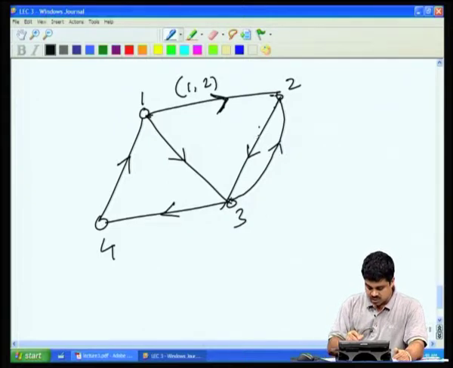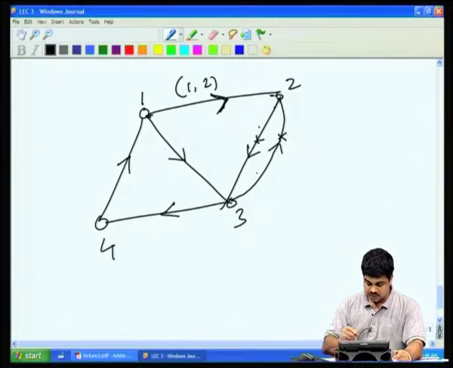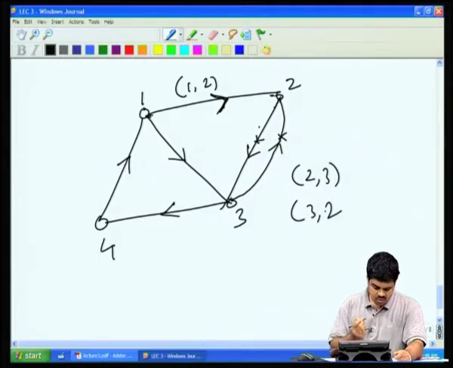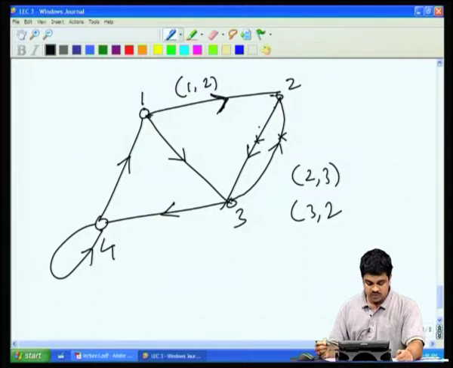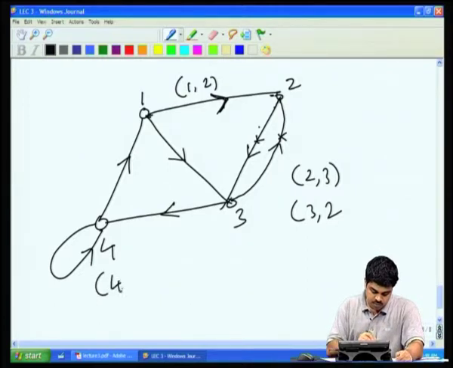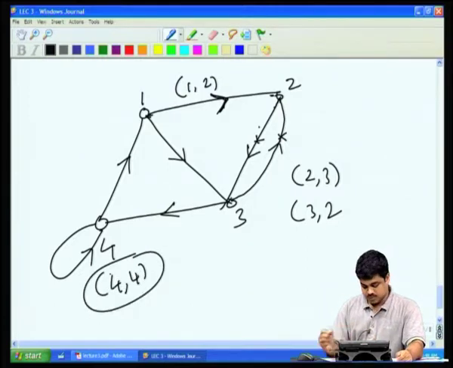That means, this edge is really different from this edge, because the endpoints are ordered differently, 2, 3 and the other is 3, 2. If there is a self loop, there is only one direction, 4 to 4, and it will correspond to the pair 4 to 4. So, that is also possible.